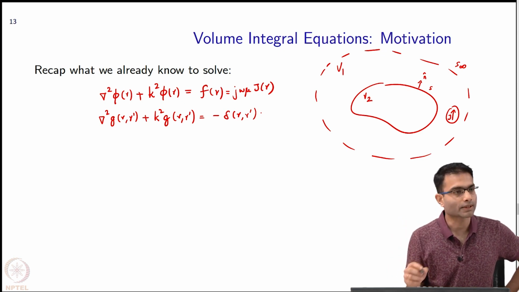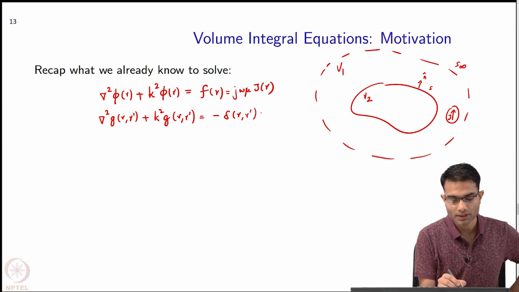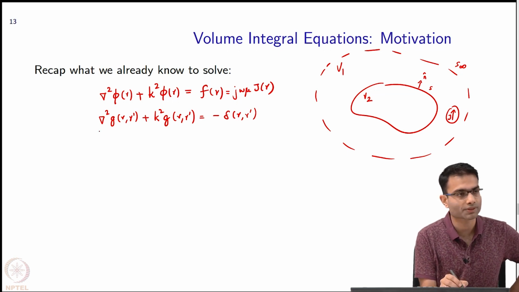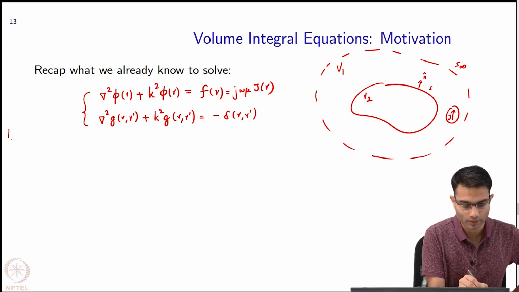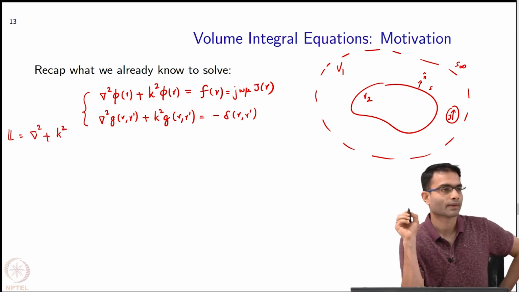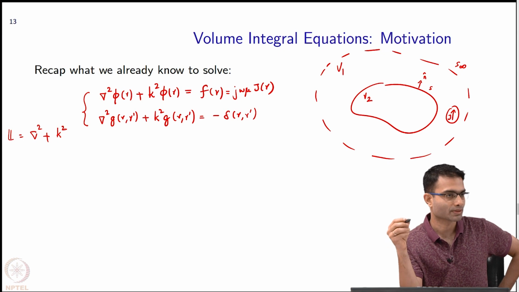But notice that the operator on the left hand side is the same for both equations, and that operator is del squared plus k squared. When the operator is the same, I can use the Green's function.